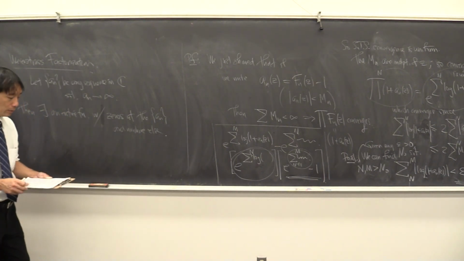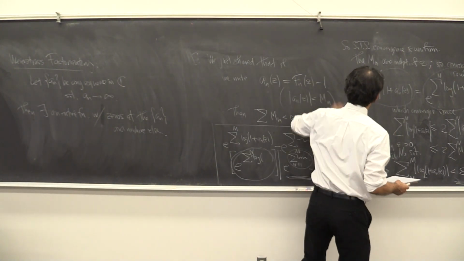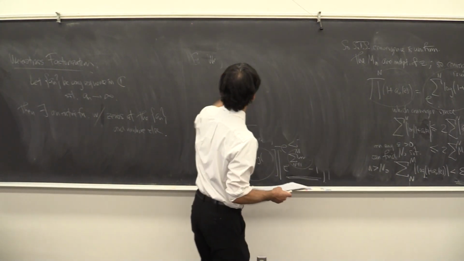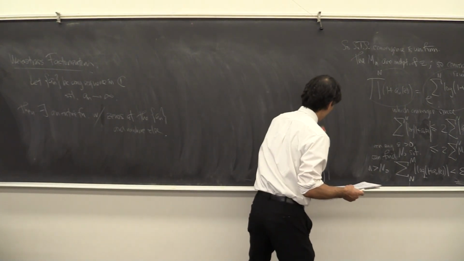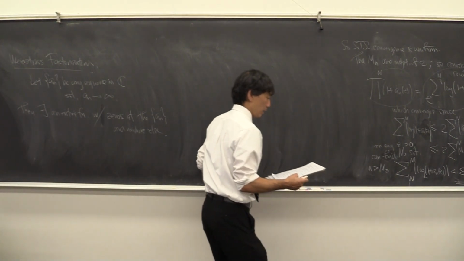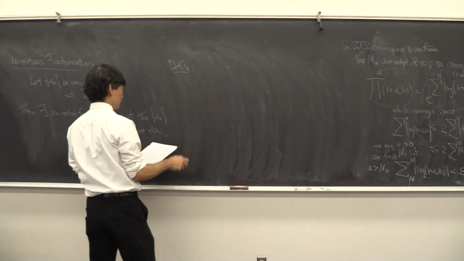Okay, so the way we're going to do it, we're going to construct it as an infinite product of things called elementary factors. So here's what we're going to do.